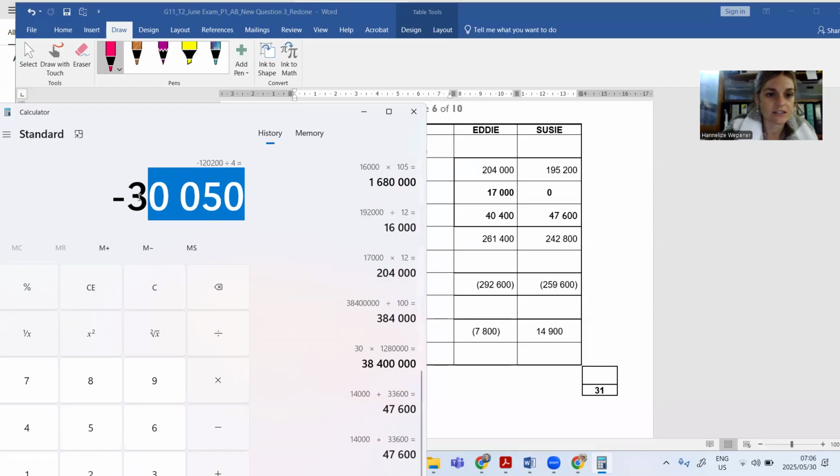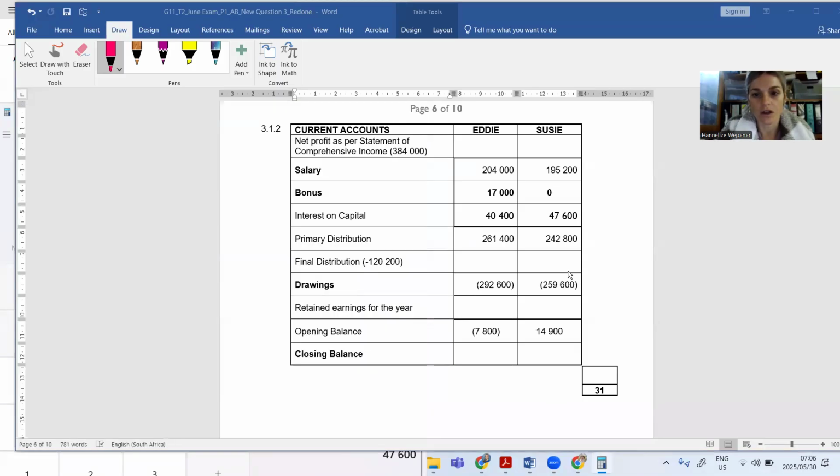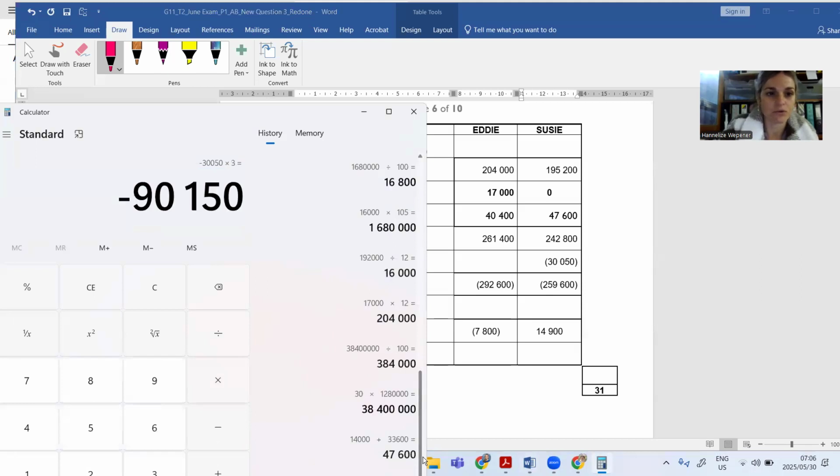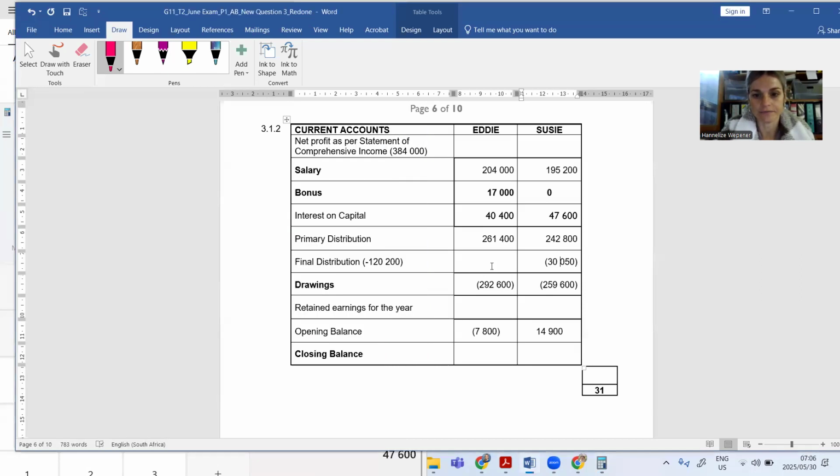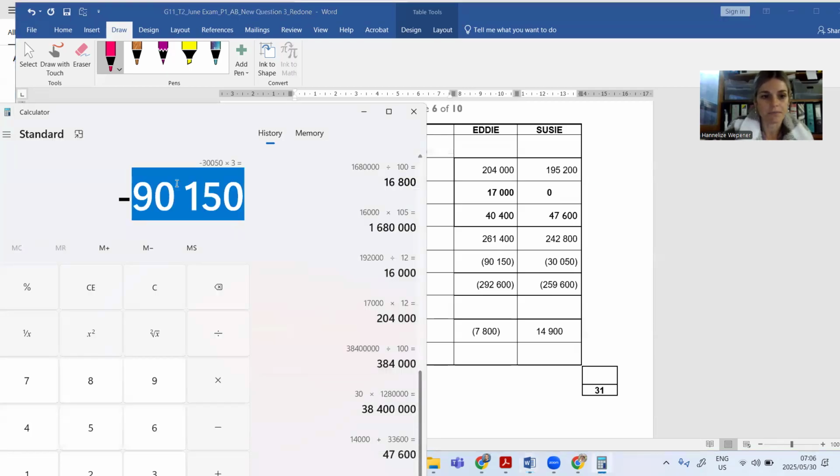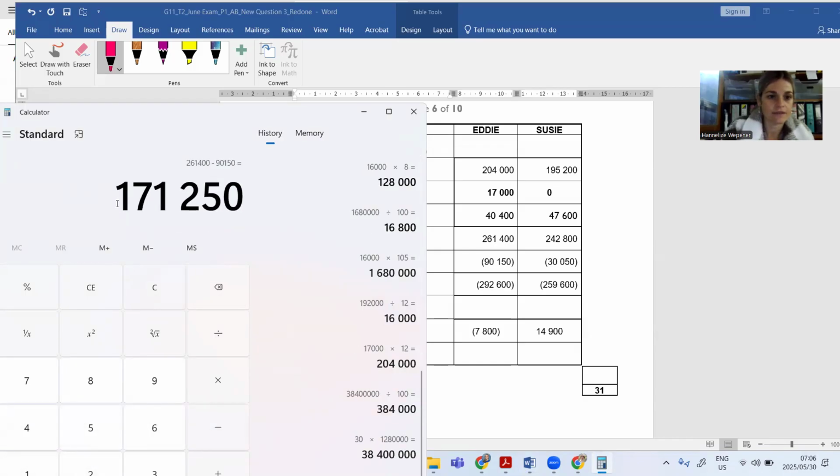So Susie gets only 1 portion of the losses. Good for her. Okay, so just removing the negative there. And poor Eddie gets 3 portions of that final loss. So he's carrying most of the losses here. So in other words, if we then look at the total earnings per partner, we have Eddie on his primary minus the final loss.